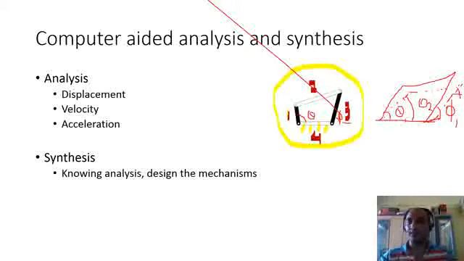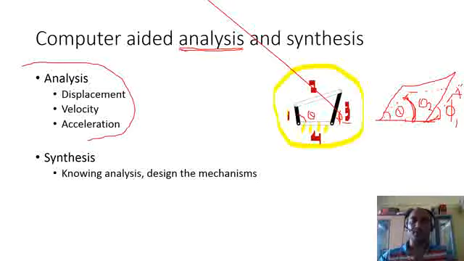So using a single equation, we can find out the output for any input value, unlike the graphical methods that we have used in the theory of machines. That is nothing but the analysis. Finding out the equation to find out the output in terms of displacement, velocity and acceleration for any given input position, that is nothing but the analysis. So this is the simple meaning of analysis.